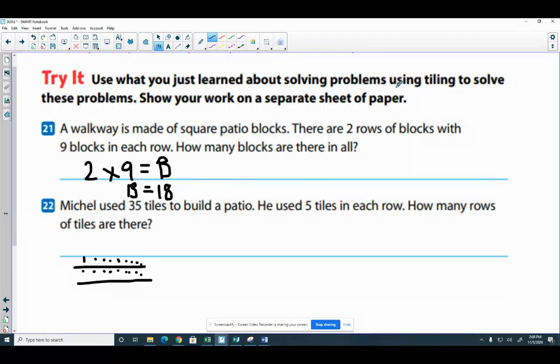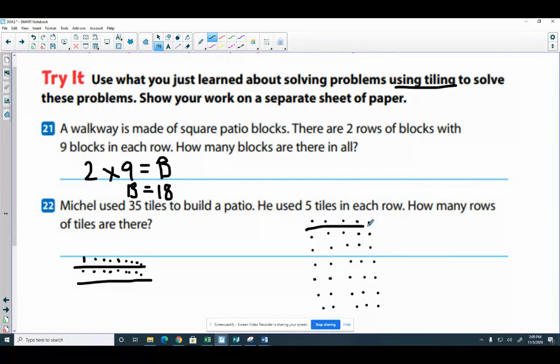And this is about tiling, so I should try to tile it. He used 35 tiles to build a patio. He used 5 tiles in each row. 1, 2, 3, 4, 5, 6, 7, 8, 9, 10, 11, 12, 13, 14, 15, 16, 17, 18, 19, 20, 21, 22, 23, 24, 25, 26, 27, 28, 29, 30, 31, 32, 33, 34, 35.